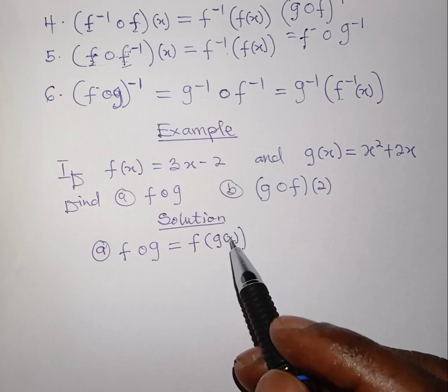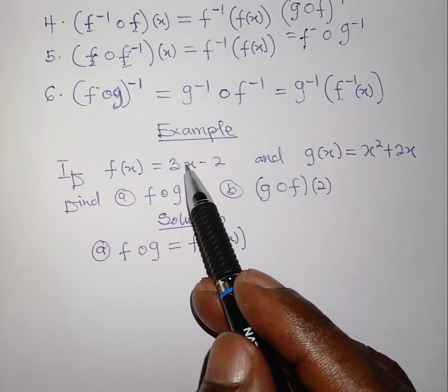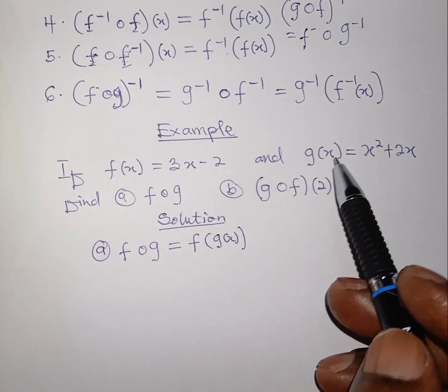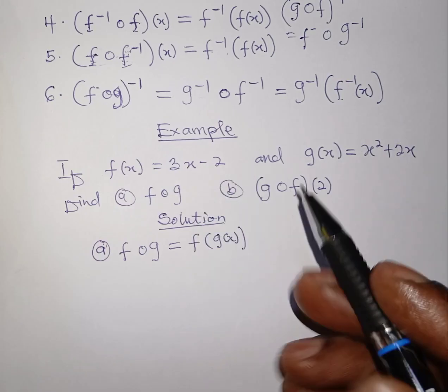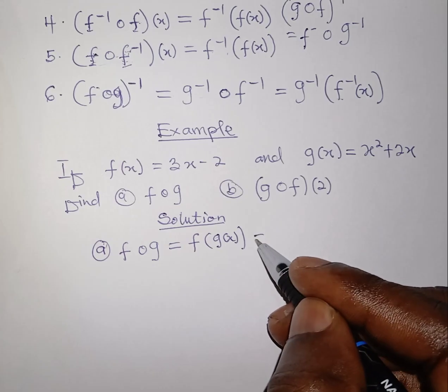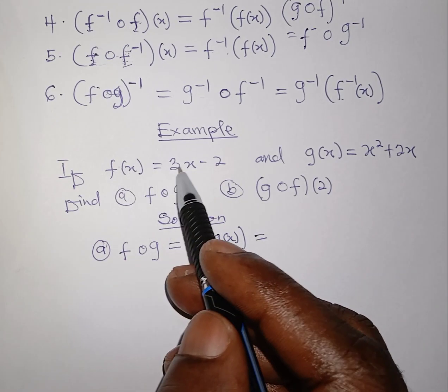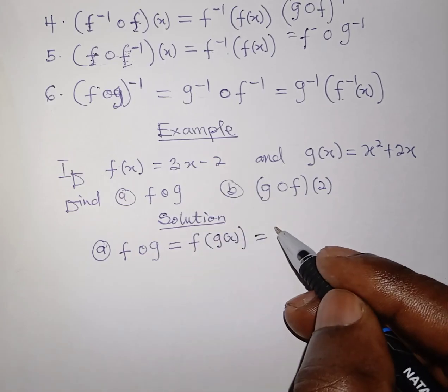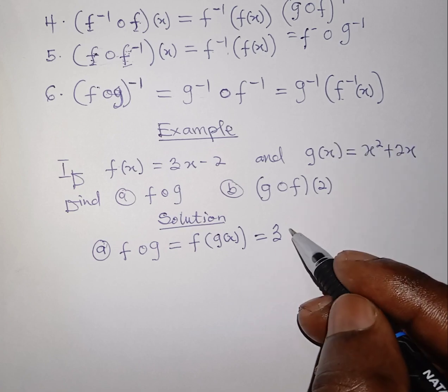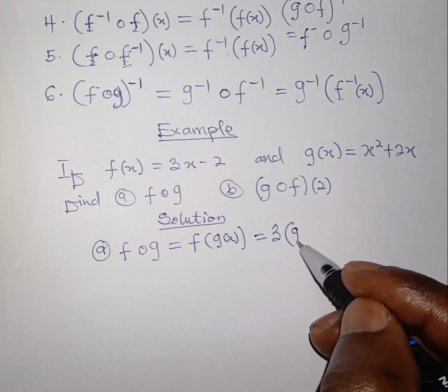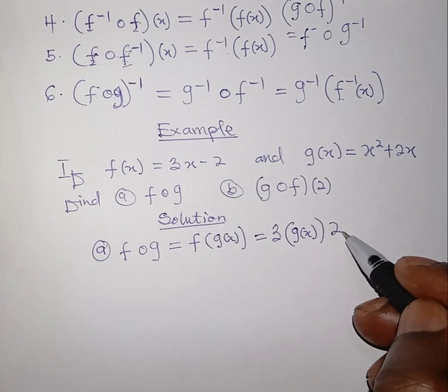Wherever I see x in f, I'm going to put the entire function of g in its place. What is my function f? This is 3x minus 2. So it's going to be 3, and I'm going to substitute the entire function of g of x, then minus 2.